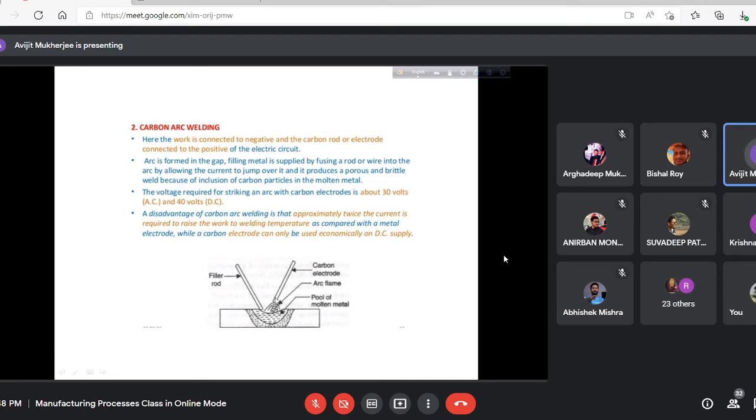As carbon is a very conducting material, it will be connected with one of the terminals, either positive or negative. The work will also be connected with positive or negative. As soon as arcing starts, this is the arc flame, and heat will be generated. Metal will be melted, and the molten pool will gradually solidify.